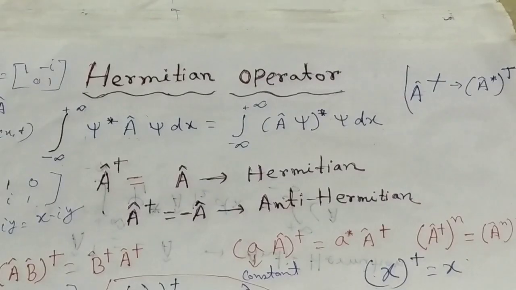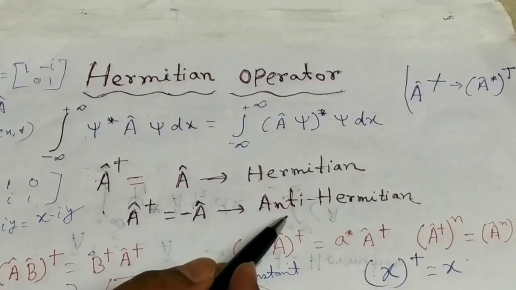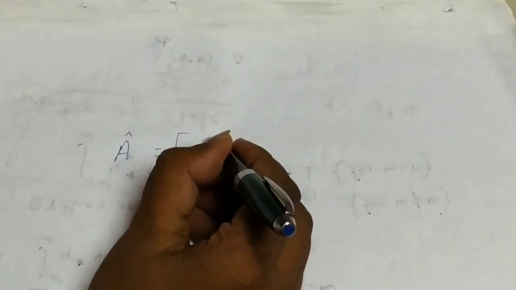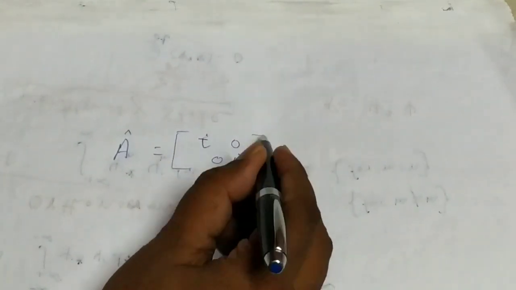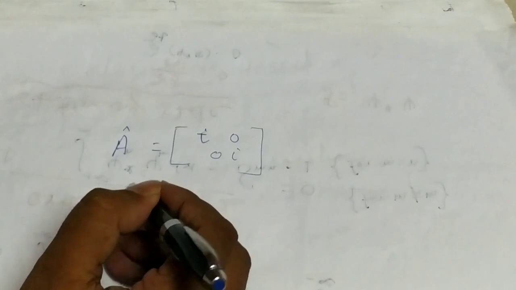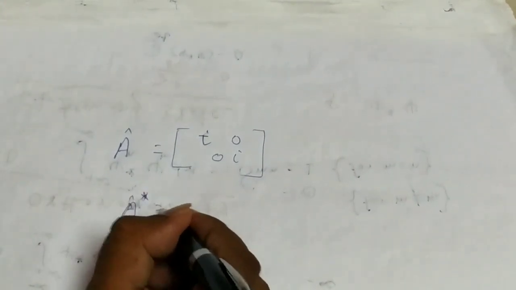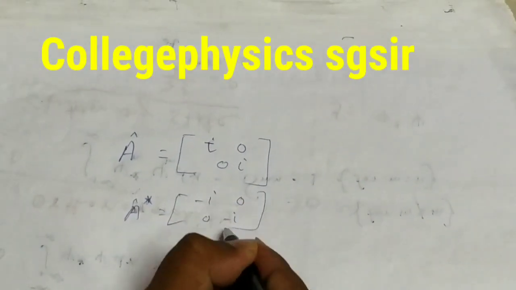Now if A dagger is equal to minus A, then it is called anti-Hermitian. For example, suppose A is [i 0; 0 i]. This is an operator, and if we take its conjugate, that means [minus i 0; 0 minus i].